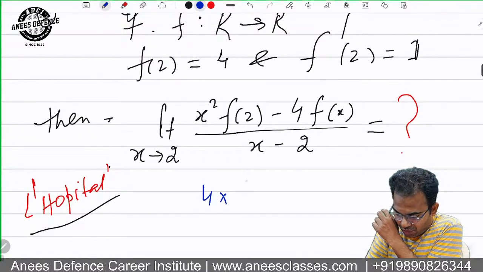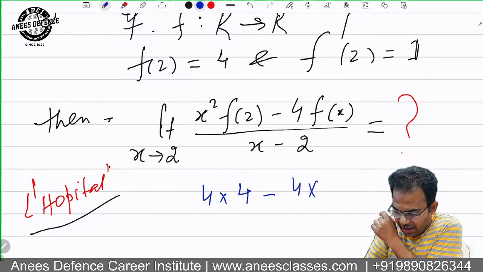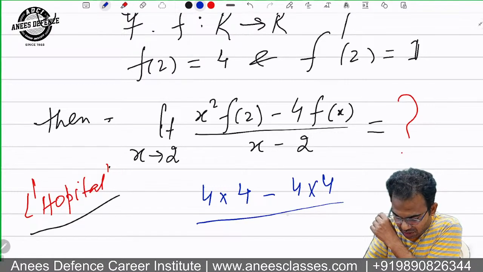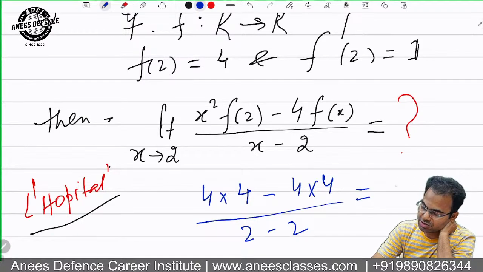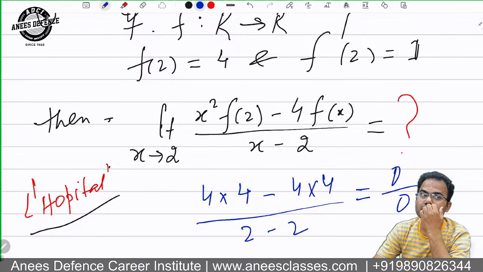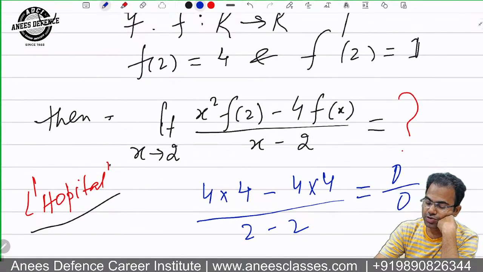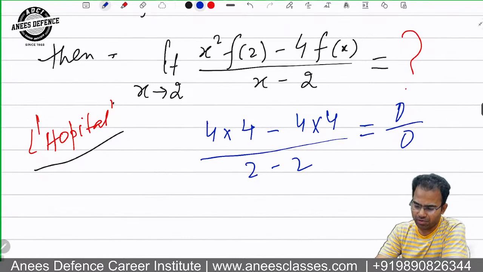F of 2 is 4, minus 4 into again f of 2, that means 4. 4 fours are 16 minus 16, that is 0. 0 by 0. So L'Hopital rule will follow.